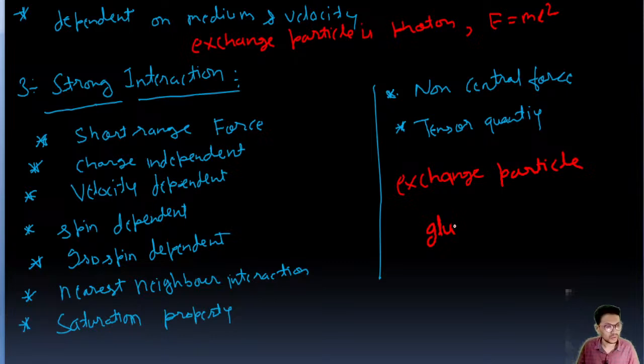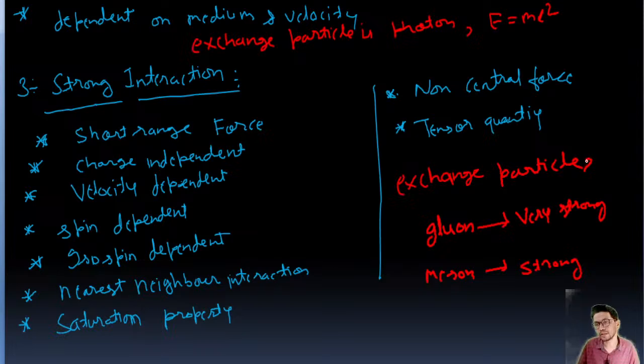Gluon, and second is meson. So exchange particles for strong interactions are gluon and meson, and gluon is very strong and meson is strong. Okay, these are the exchange particles.